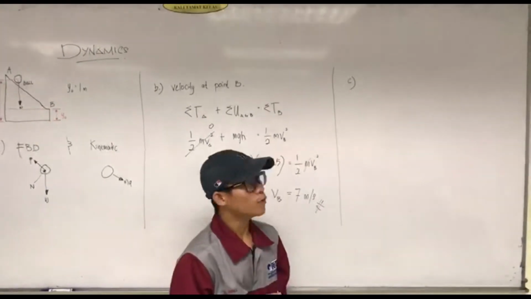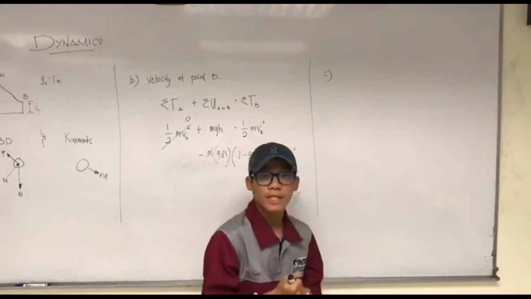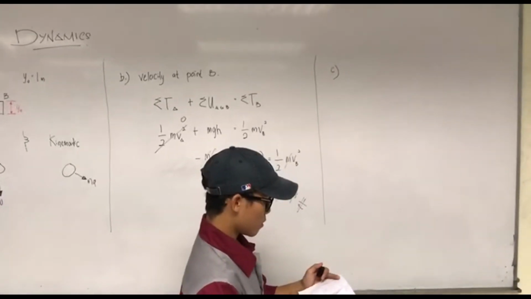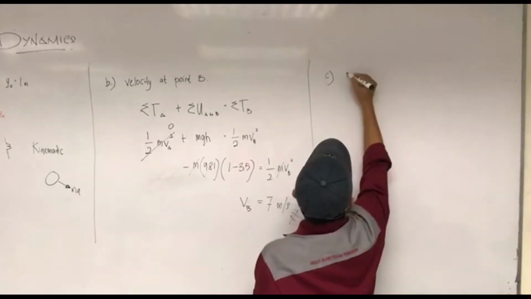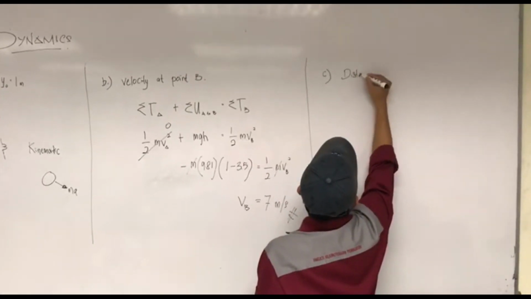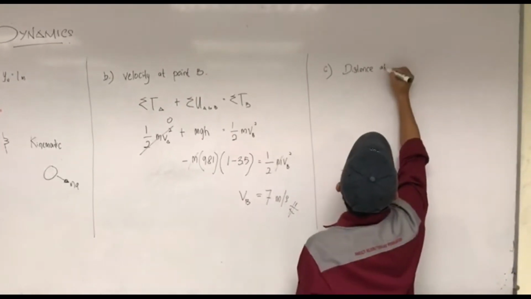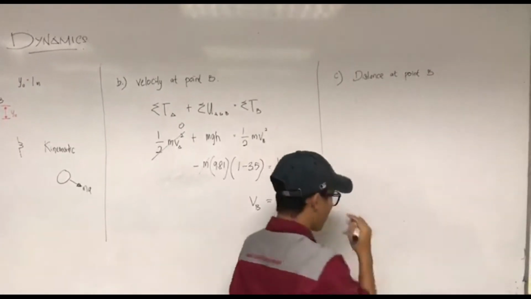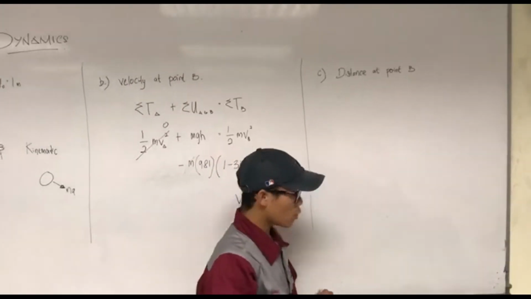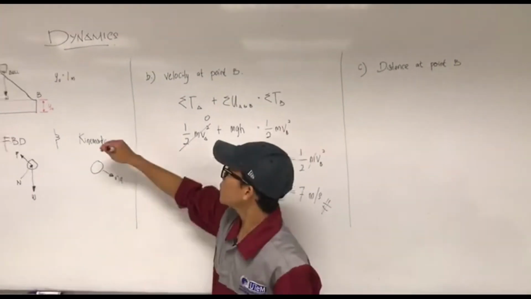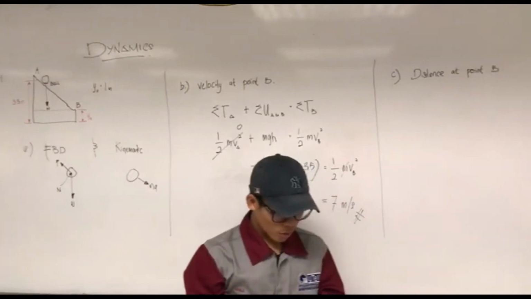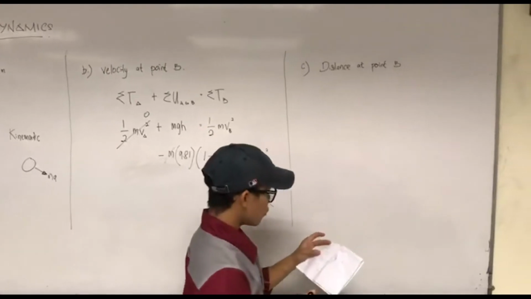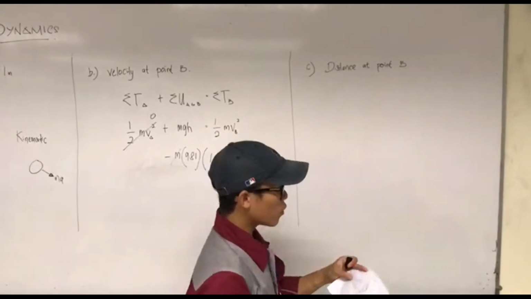Okay, next we go through question C. Question C, we need to solve the distance at point B. The formula is given for the horizontal x component.